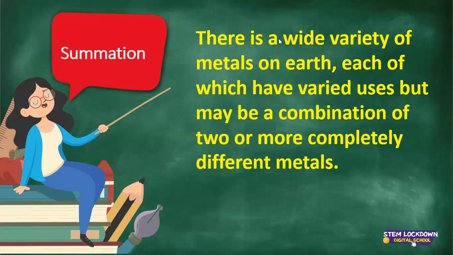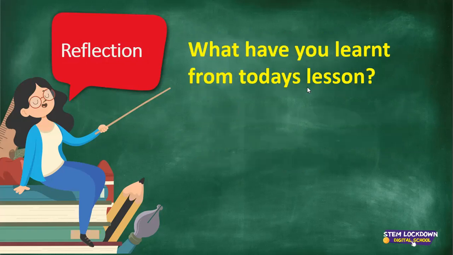I want you to be aware and realize that there is a wide variety of metals on Earth, each of which have different uses and maybe a combination of two or more metals. Okay. Now, please just tell me what did you learn from today's lesson? What have you learned from today's lesson?